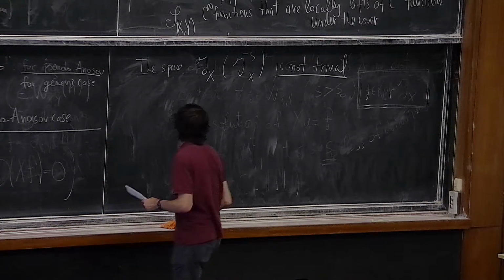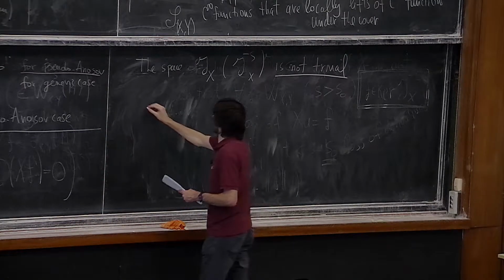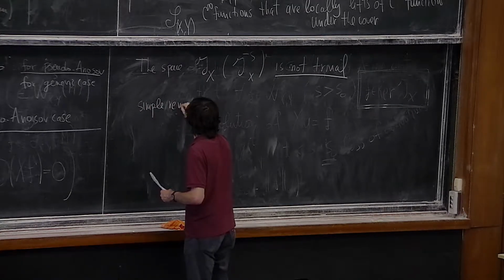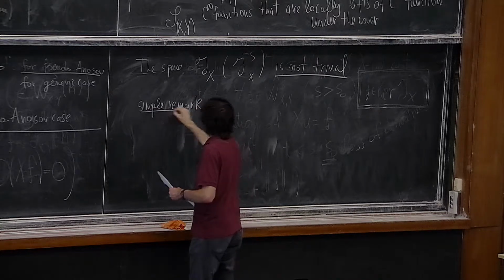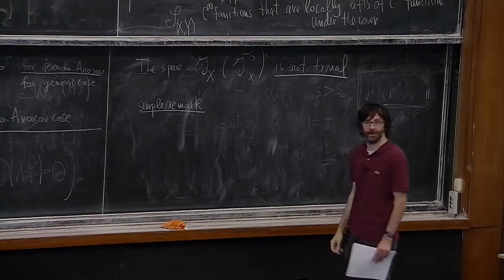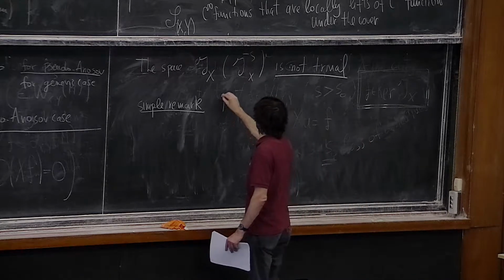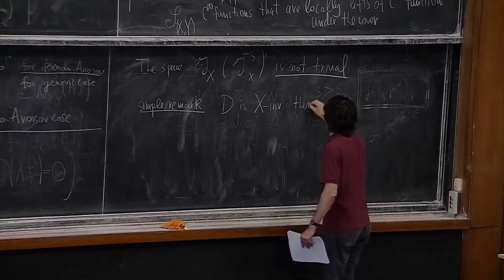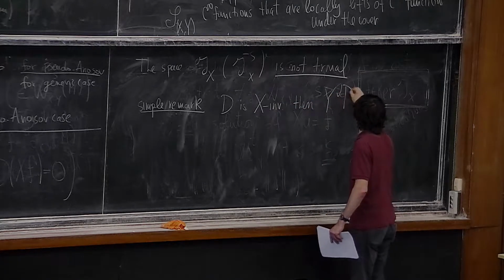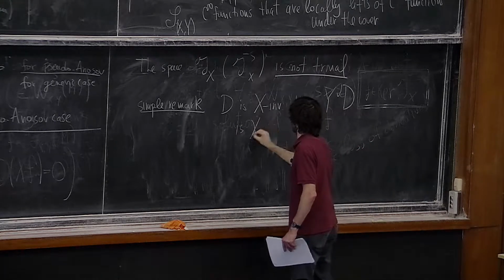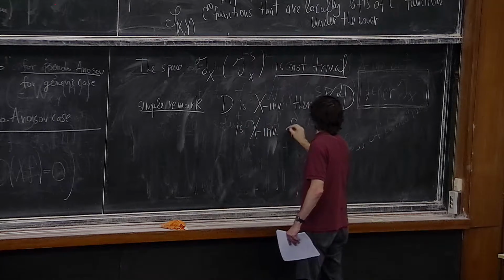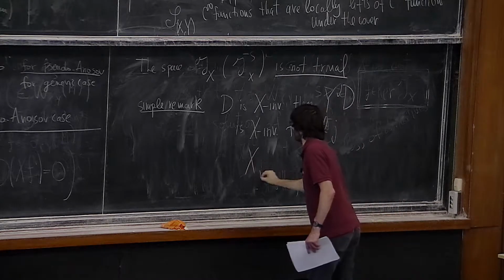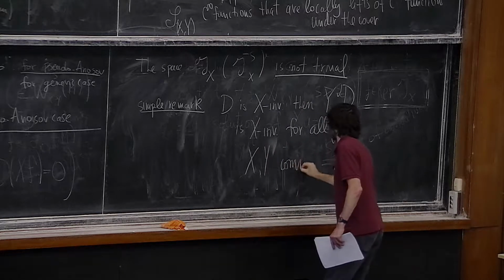Well, first of all, there is a simple remark that doesn't help yet, which is the fact that if D is X invariant, then Y^j D is X invariant for all j, just because X and Y essentially commute.